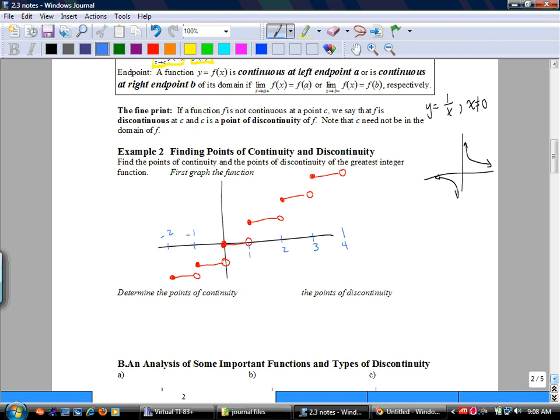Where's the discontinuity? Points of discontinuity: x equals -1, 0, 1, 2, 3, 4, 5, 6. Who wants to write them all out? Well, you could just say x equals n, where n is an integer. Points of continuity? Well, the points of continuity are any numbers between negative infinity and positive infinity, but not where x is an integer.